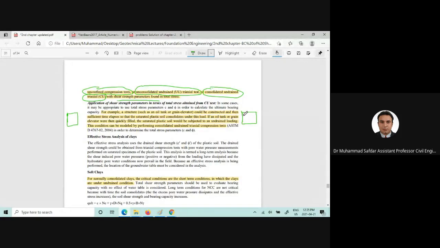So there are two examples we can give for understanding the consolidated undrained behavior.